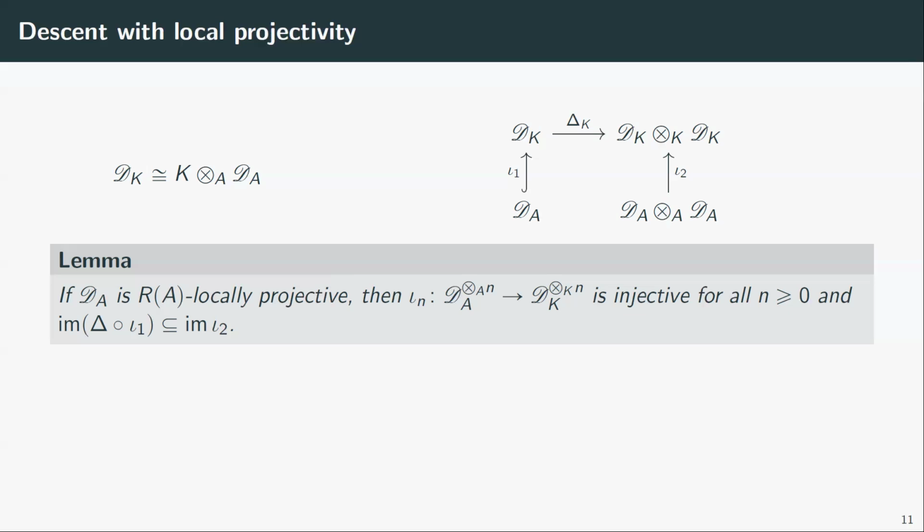But we do know by definition that an element of dA maps all the elements of A into A. And therefore, the property is satisfied by D1 tensor D2, and we have what we want.